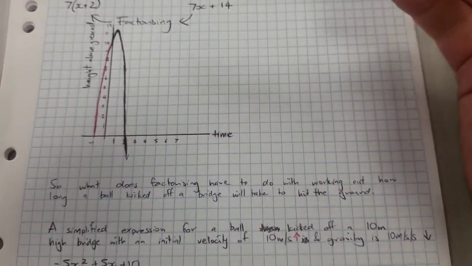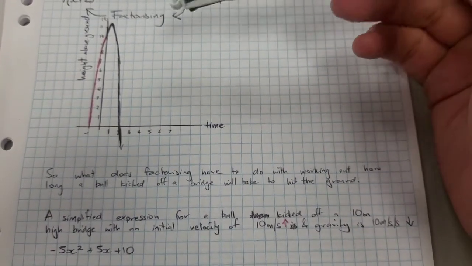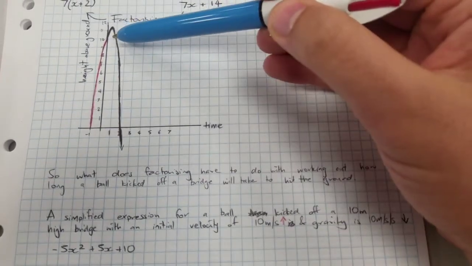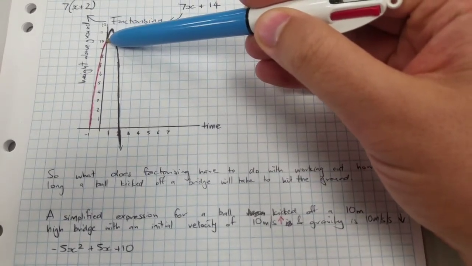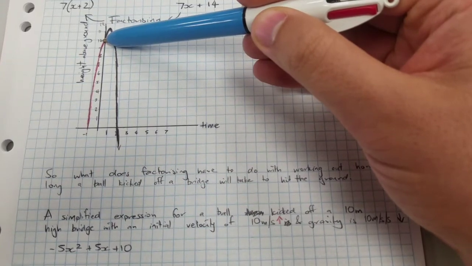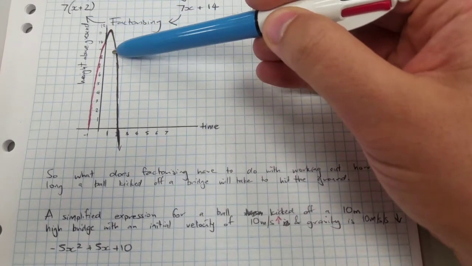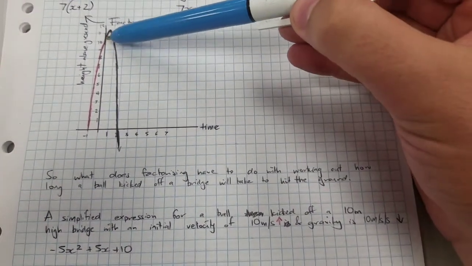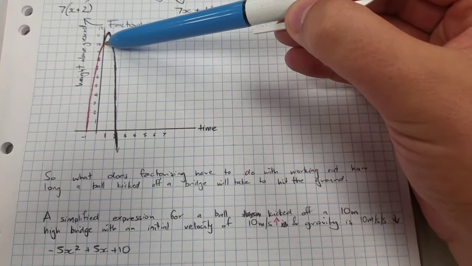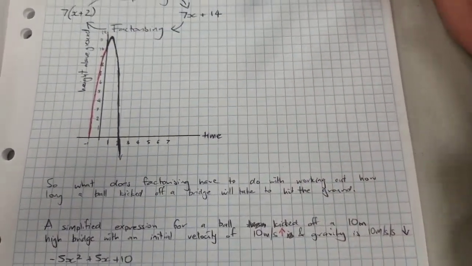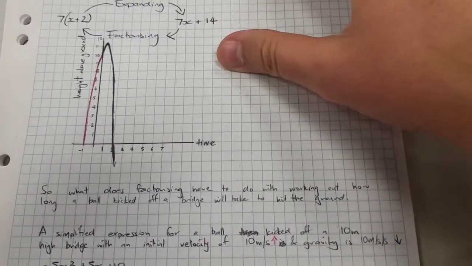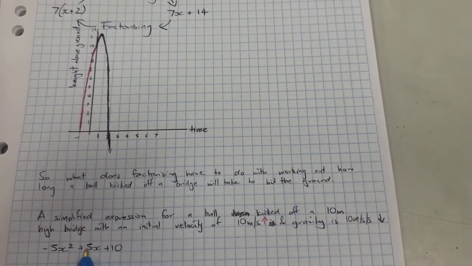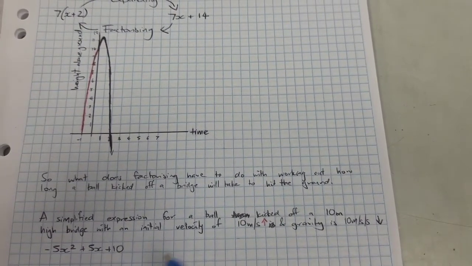So a simplified expression for a ball kicked off a 10-metre high bridge, and if we imagine this here is height at 10 metres high, so the bridge is 10 metres high, a ball is kicked up in the air and then it drops back down to earth. If we kick this ball with an initial velocity of 10 metres per second in the up direction, and gravity is acting on it in the down direction, we can write this as negative 5x squared plus 5x plus 10.